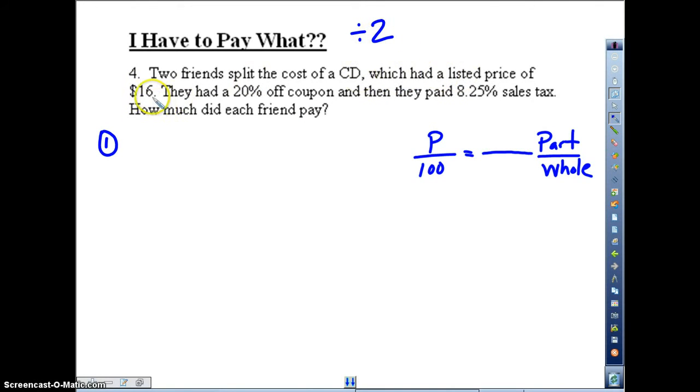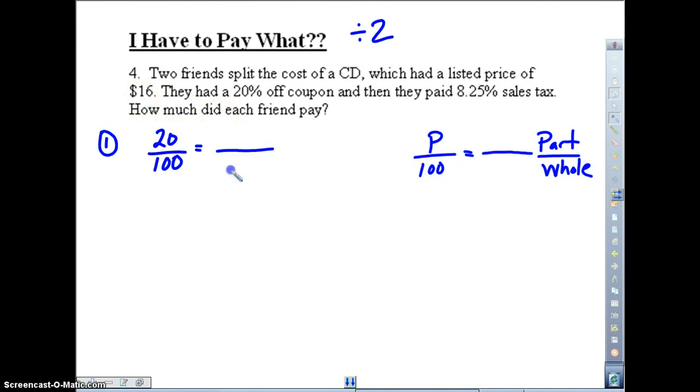Okay, the CD has a list price of $16. They had a 20% off coupon. I know what to do with a percent. I'm going to put that over 100. Part over whole. Is the $16 the 20% part they don't have to pay?